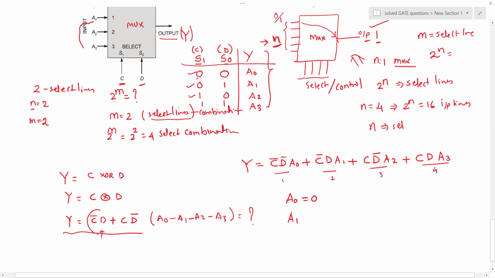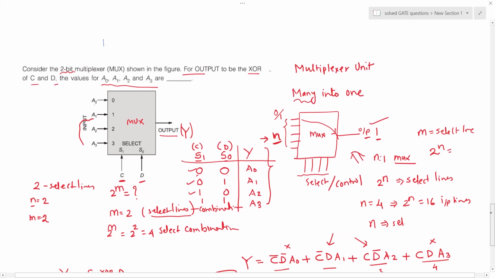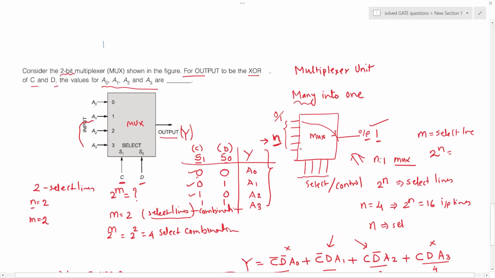So I will see where these terms are here. C bar D and C D bar, these two terms I want in the equation. This I don't want. So obviously A0 and A3 are set to be 0, and A1 and A2 are set to be 1. So if I have this combination, I will get this answer. That's how we will solve this question for the multiplexer as shown in this figure.